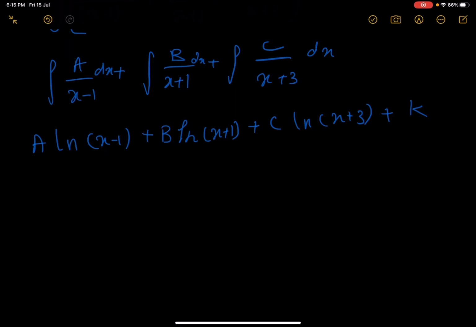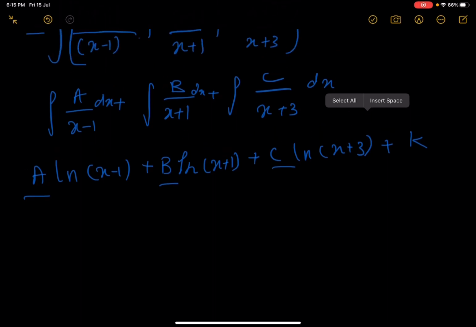So now how can we find the constants a, b, and c? You can find these just by taking any value for x and substituting it. But how are you going to do this?